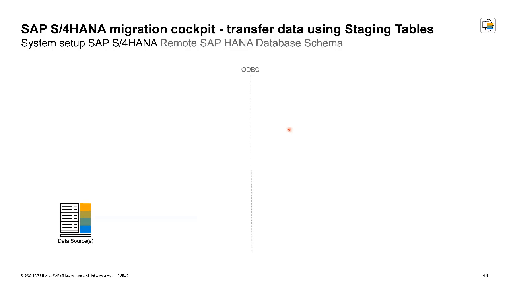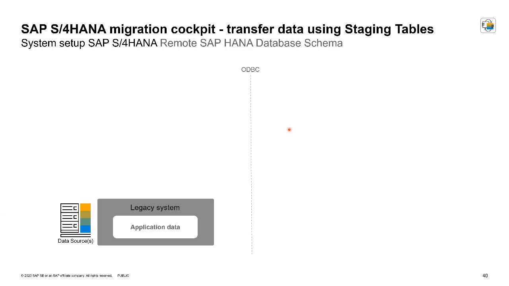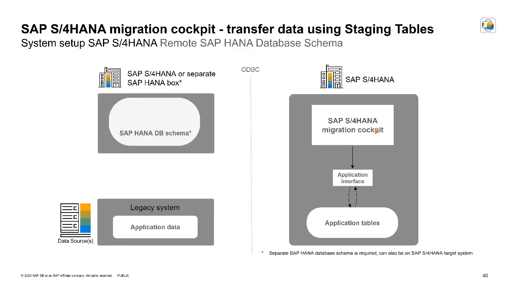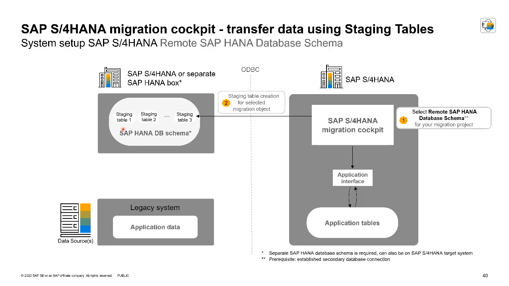Okay, and for a remote SAP HANA DB schema, it looks a bit different. We have our box with the cockpit, and we have a separate box where we create our staging tables. Via ODBC, the staging tables will be accessed by the cockpit.